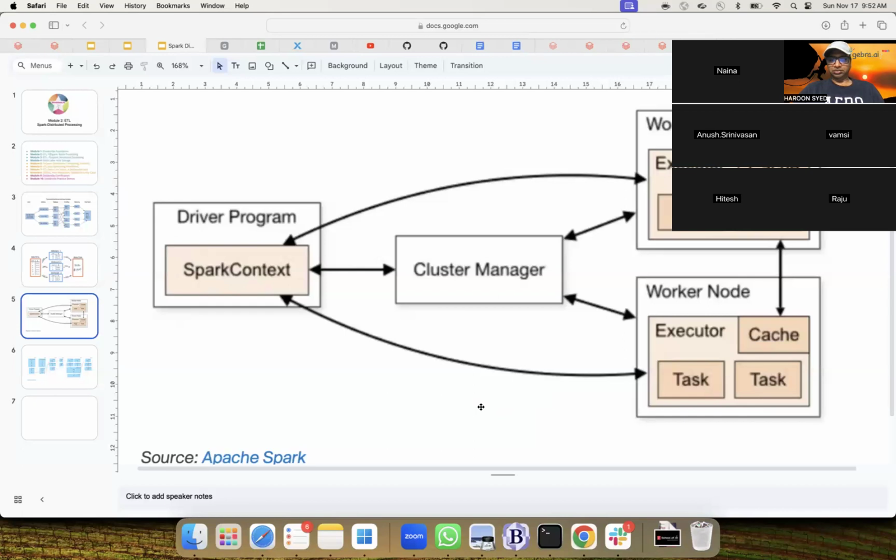Another question is about the data. Let's say, like you mentioned, a 100 GB file. Worker nodes are individual physical machines, correct? Right, the actual physical machines with their own CPU, hard disk, and everything. So let's say you have a 100 GB file in S3 or somewhere on a network.